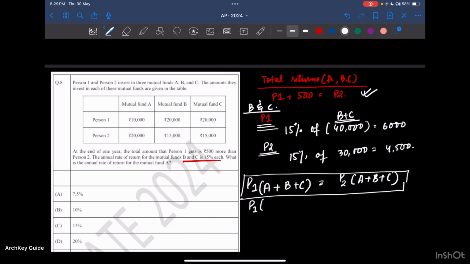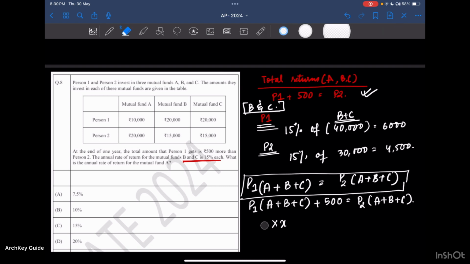So P1 A plus B plus C plus 500 equals P2 A plus B plus C. Fine. So I have my B plus C here because we have already calculated it. So returns from A, we don't know how much percentage it is going to be, X percentage. We know the amount.